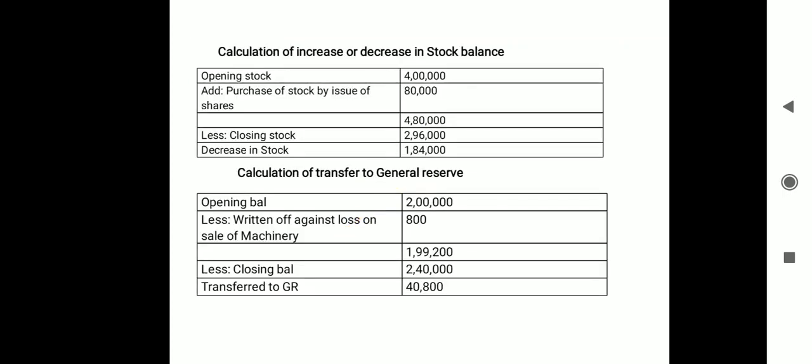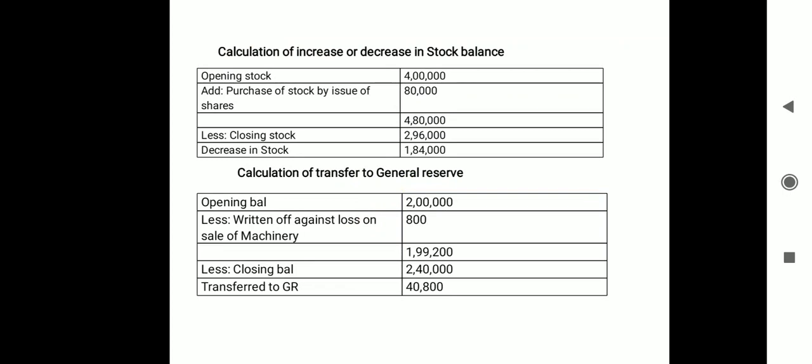Now moving to the next, as we had the information that stock was also purchased from another company. From the balance sheet, opening stock was 4 lakh, and we have also purchased stock worth rupees 80,000, but the payment was made in terms of shares.